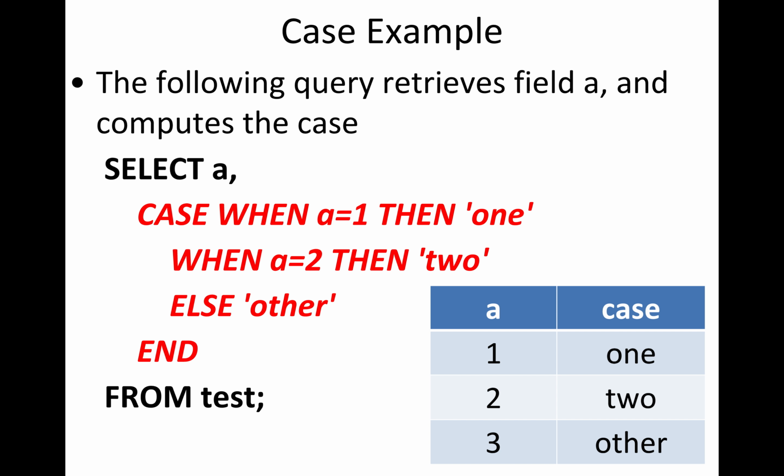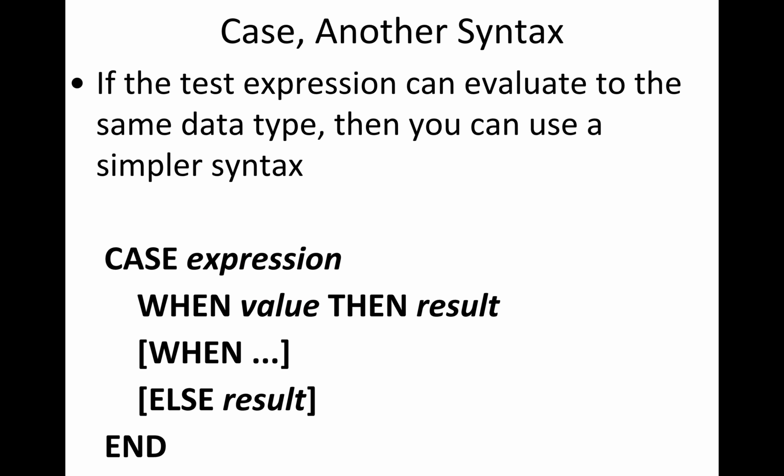You can have here something comparing A with something, B with something else. You can have a fairly complex predicate, each one. Whereas you have a simpler predicate, a simple version of this, where you have a given expression, a single expression that then gets compared to multiple values here.